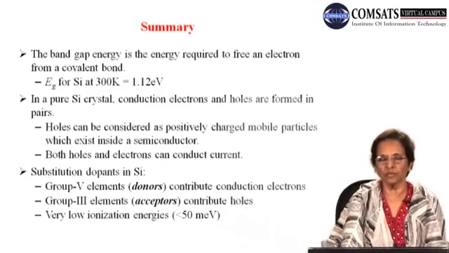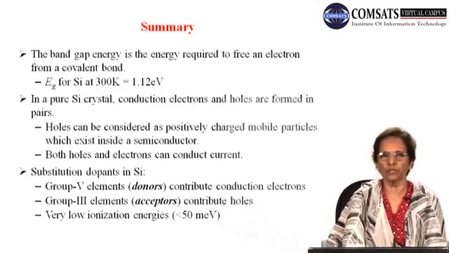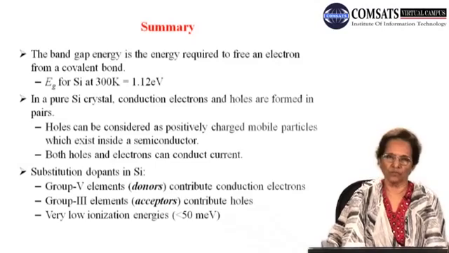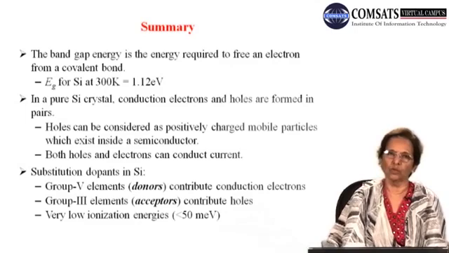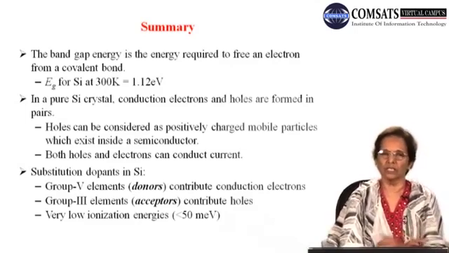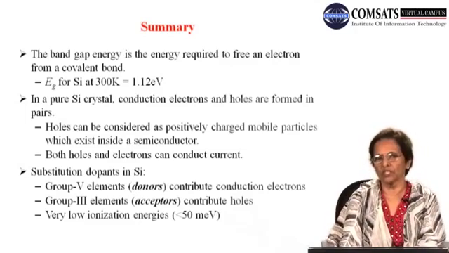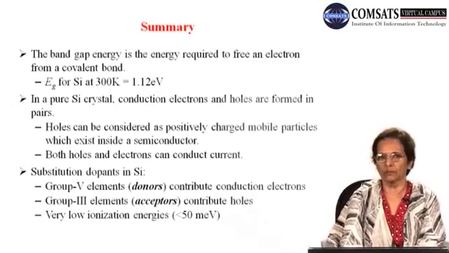And if we make the material n-type, the dopant impurity is from the fifth group of the periodic table, and it is termed the donor, and the resultant impurity will be positively charged ionized donor atoms.